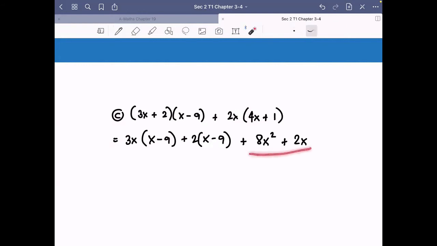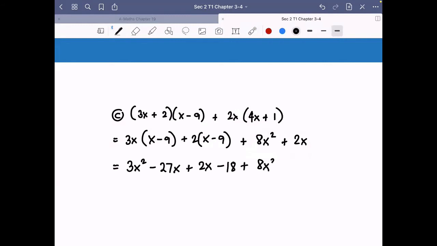Okay, so we're done on this part. Okay, so for this one, we still need to simplify this by distributing 3x times x, 3x squared minus 27x plus 2x minus 18, and then just bring down 8x squared plus 2x.